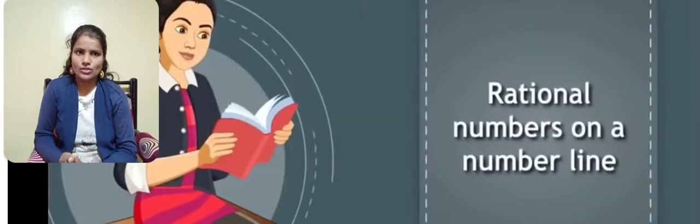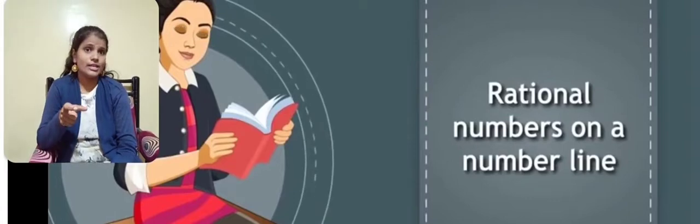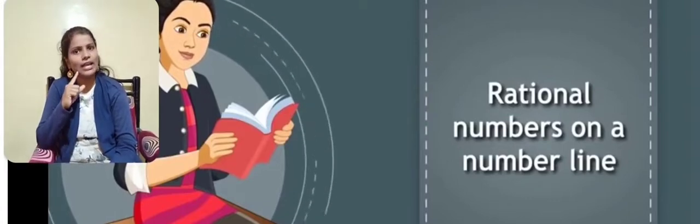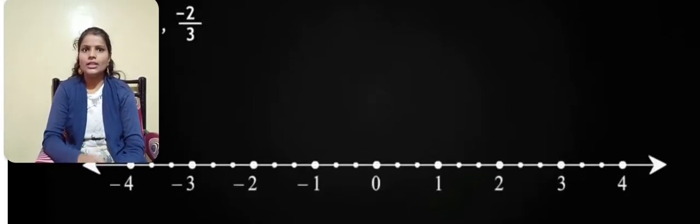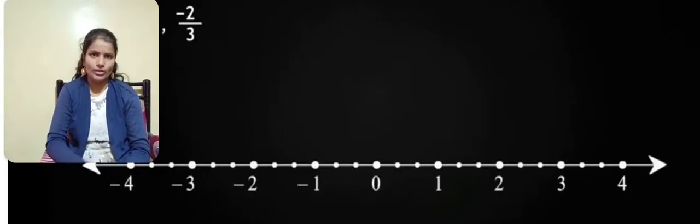Now let us learn to show rational numbers on a number line. Remember the number line for 7 upon 3, 2 and minus 2 upon 3.